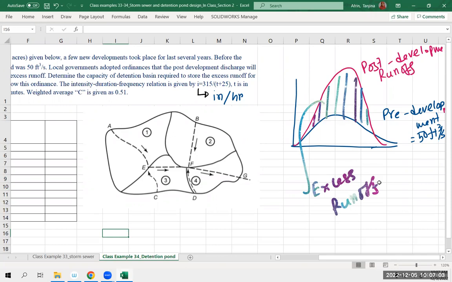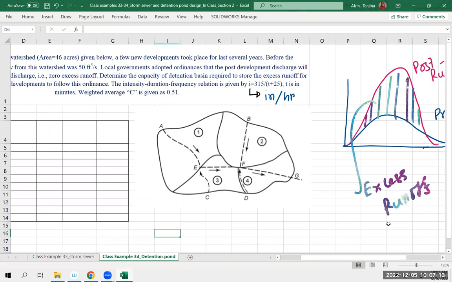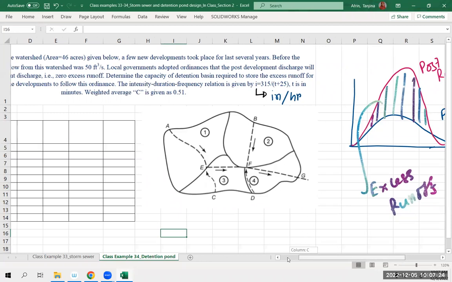It's kind of a win-win situation, and that's what they want: you are not allowed to leave any excess water. So our task now is to find the excess runoff above 50 cubic feet per second, and based on that, the capacity for the detention pond.